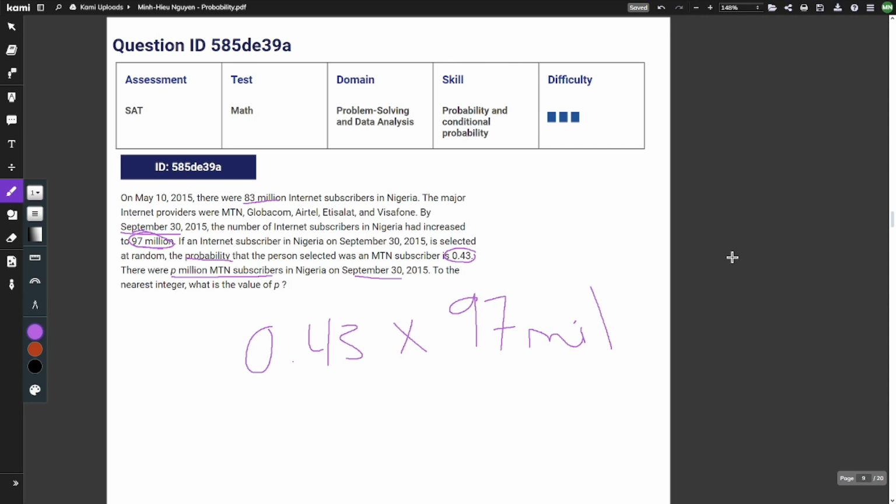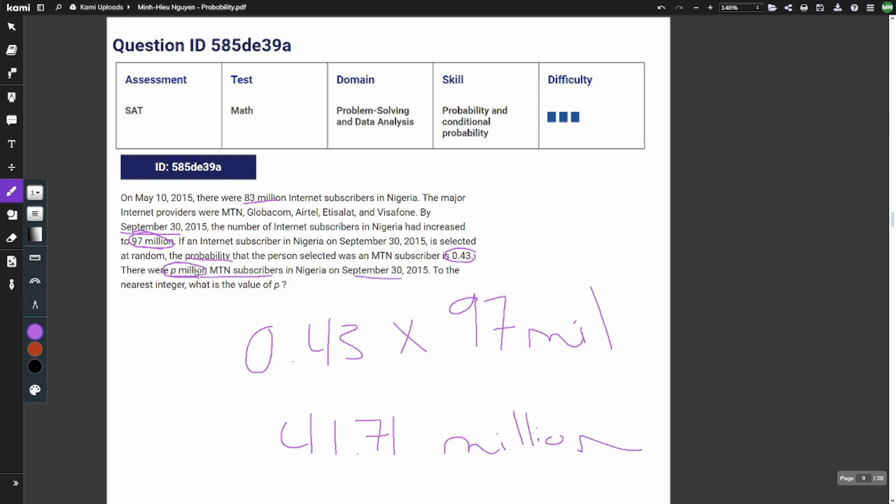All right, let me bust out the calculator real quick. 0.43, 0.43. Oh, and another important thing is that it says P million. All right. So I'm gonna just do 0.43 times 97, and that's gonna get me 41.71 million. Technically, right?